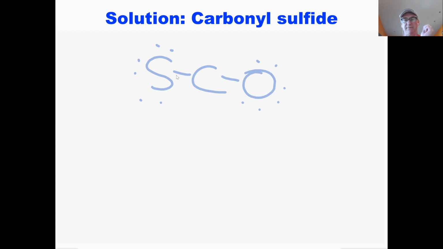What do you think? Octet for carbon or no? No. Yes, it does not have an octet. It has 1, 2, 3, 4 electrons, all in bonds, and that's it. Doesn't have any more. So what are we going to do to give carbon an octet?